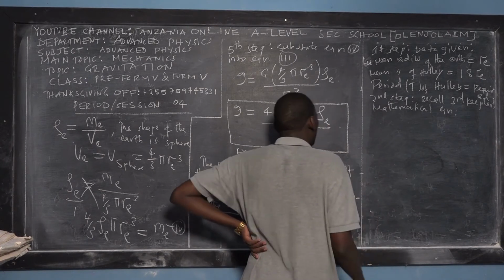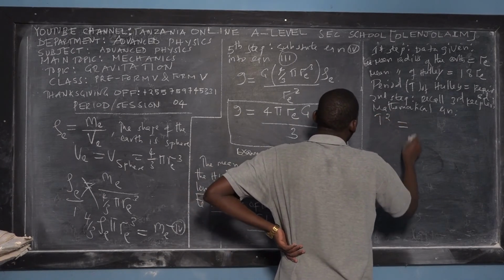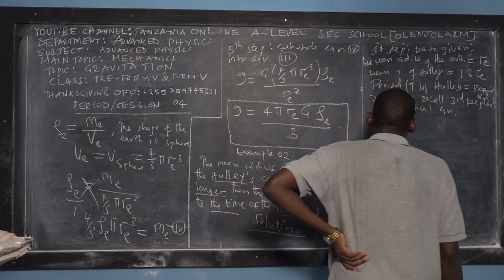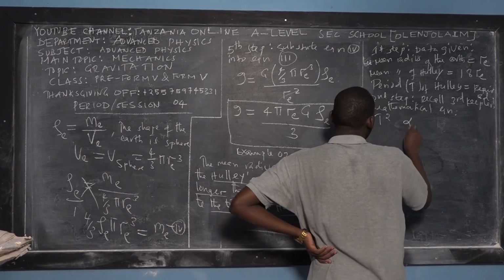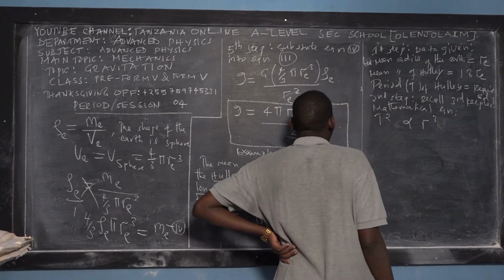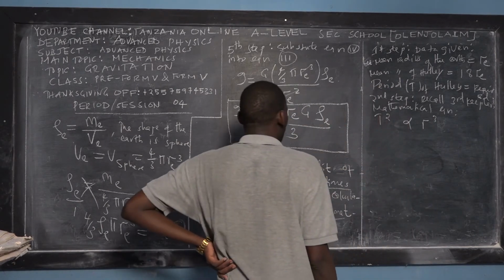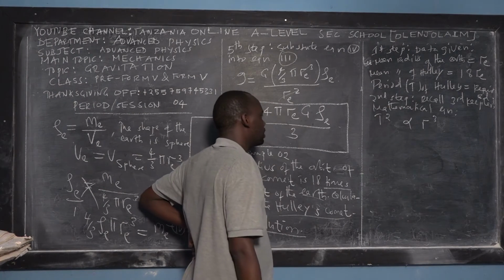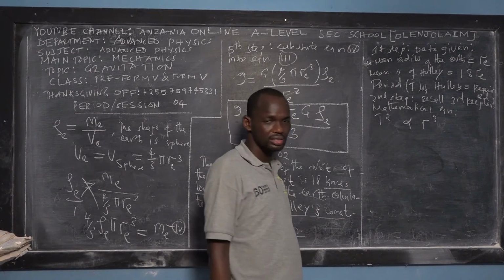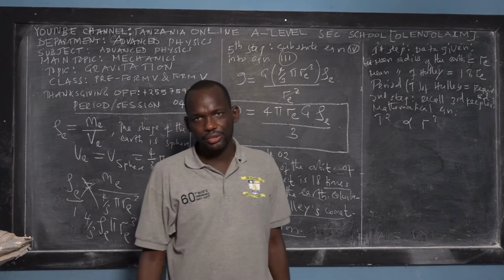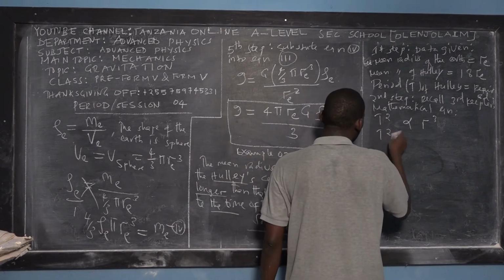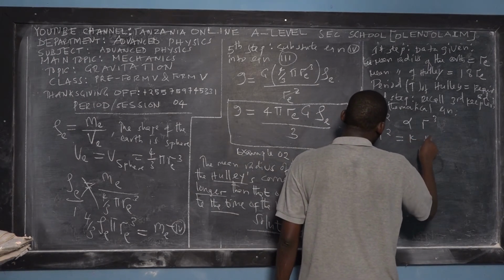How does it say? Kepler said that the square of the period of a body that revolves around the sun is directly proportional to the cube of the radius. Are we together? So if this is the case, T squared is equal to K R cubed.